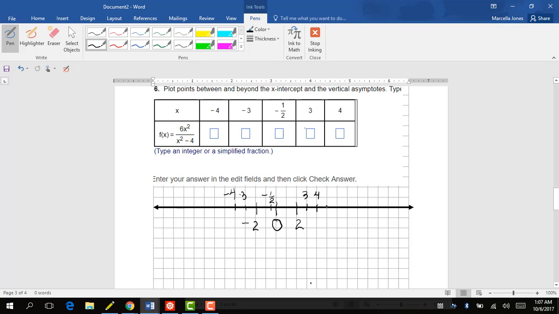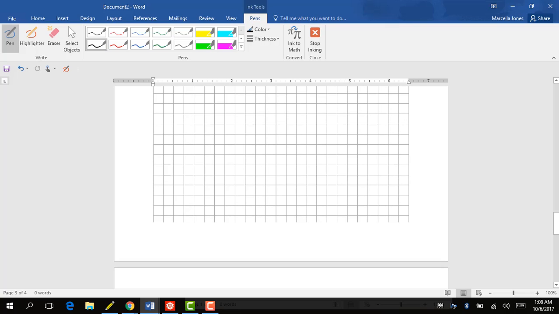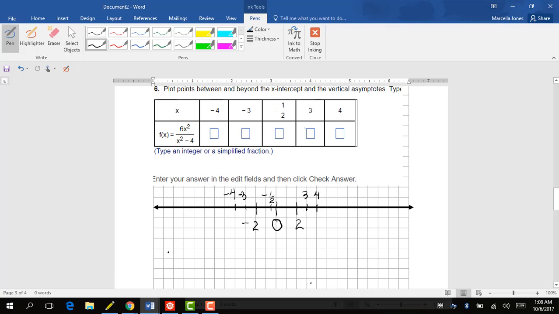Since this function is even, it's going to be really easy for me to calculate this. I'm going to use the symmetry in this calculation. All right, so part 6 is telling me to let x equal negative 4 in the function. So wherever I have an x, replace that with negative 4.